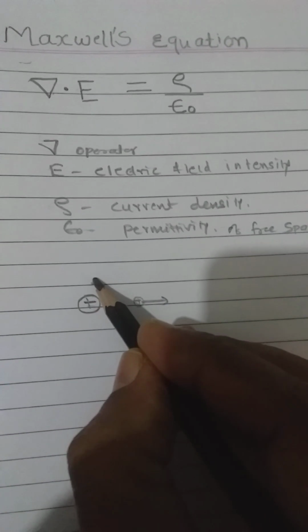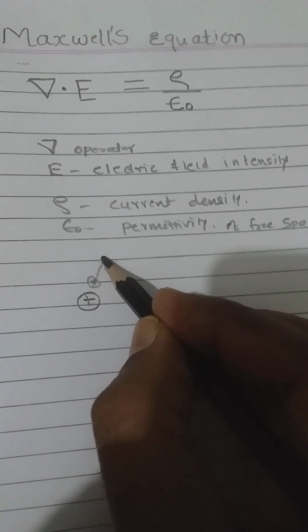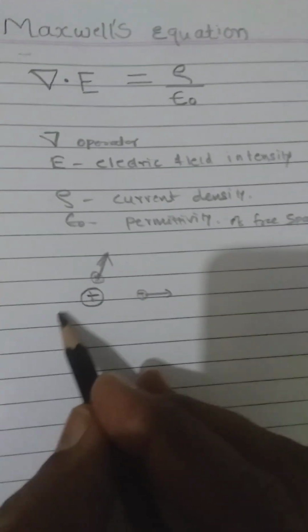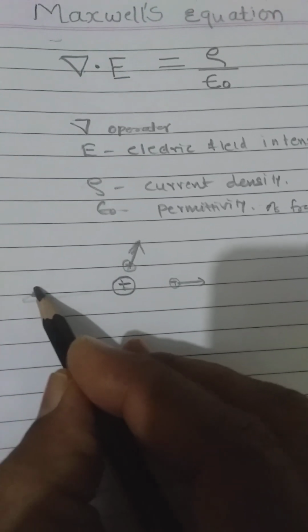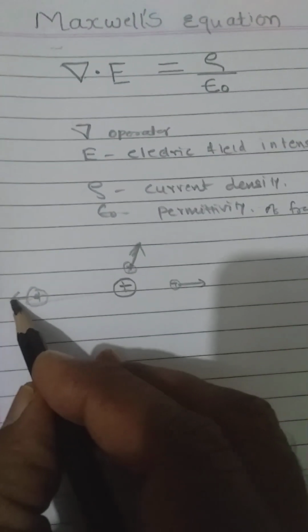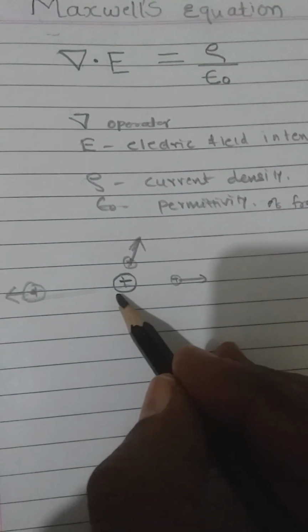Charge kept here, positive charge, that will also repel very strongly. Charge kept at this point, it will also repel, but weakly, because it is at a larger distance.